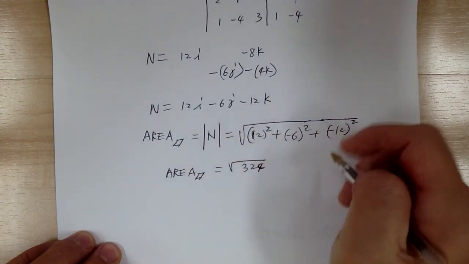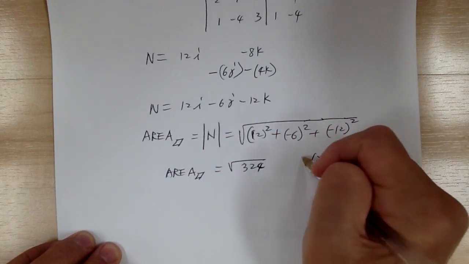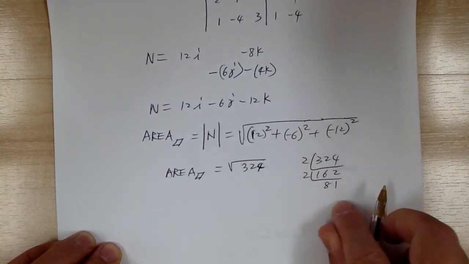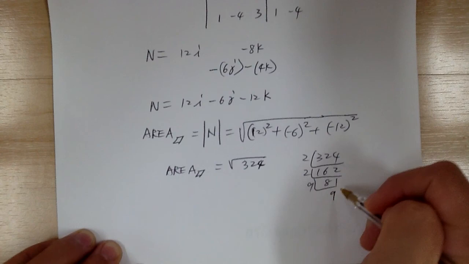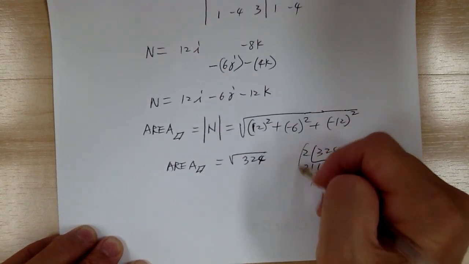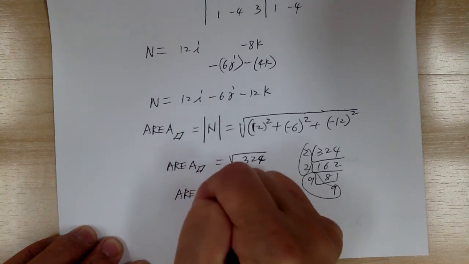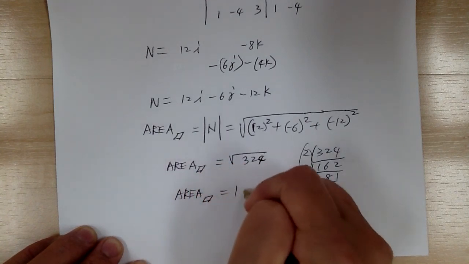And if you simplify that, from 81 you can see it's going to be a 9 and 9. Okay, so you're going to get 2 and 9. So area equals 18.